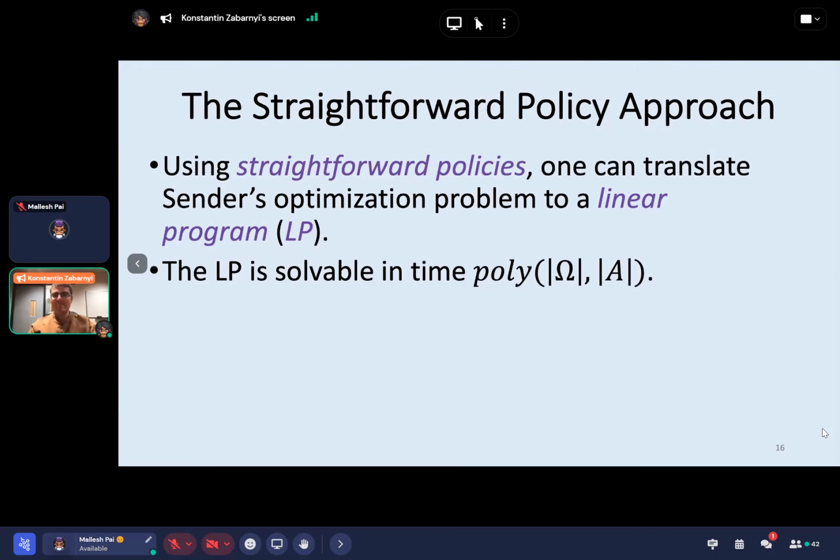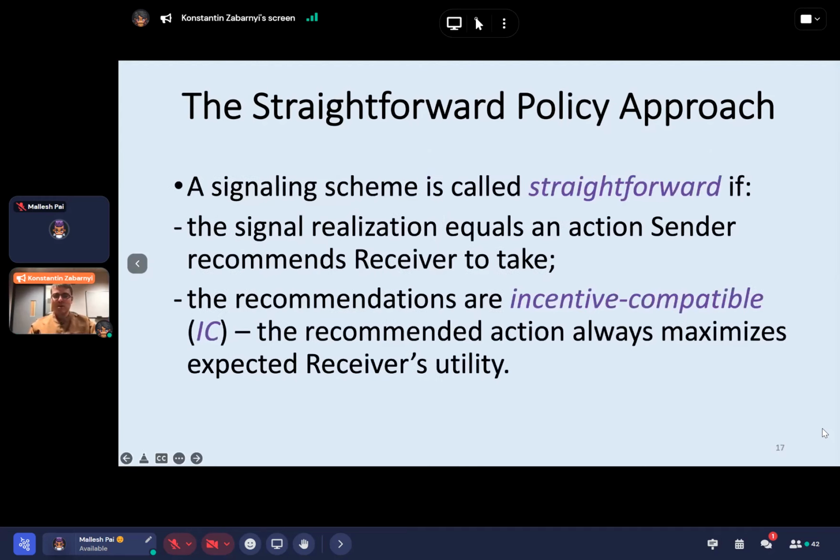But anyway, let's go over this approach. A signal scheme is called straightforward if for each action there is attached a signal, a possible signal realization, and we treat the different signal realizations as the sender's recommendations to take a specific action.